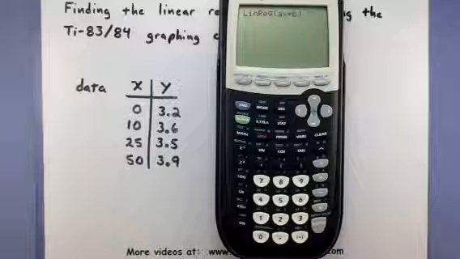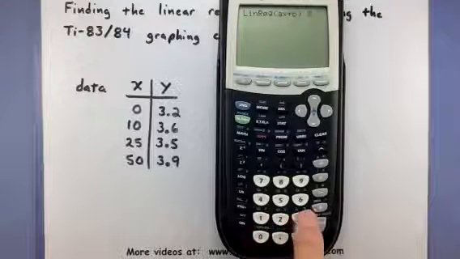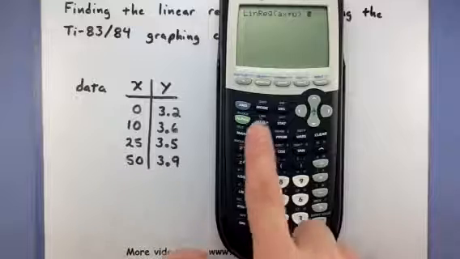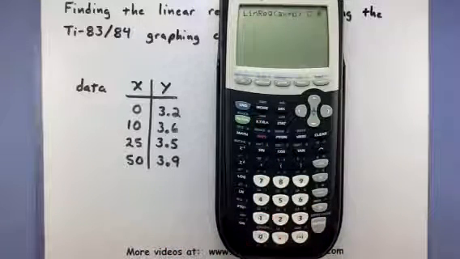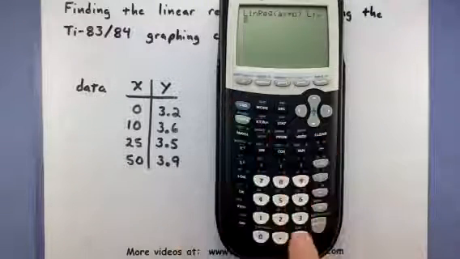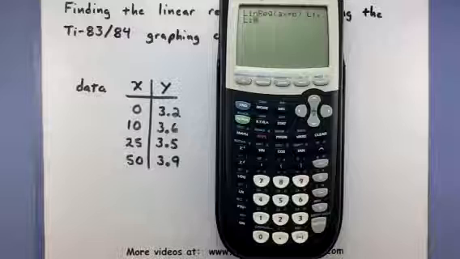Now we have to tell the calculator what data we want it to use. Remember that we have all of our data stored into list 1 and list 2. Now you can find that usually above your buttons. So I'm going to press my Second button and the number 1 for list 1, comma, my Second button and the number 2 for list 2. So that basically is telling the calculator, pull the data from list 1 and list 2.